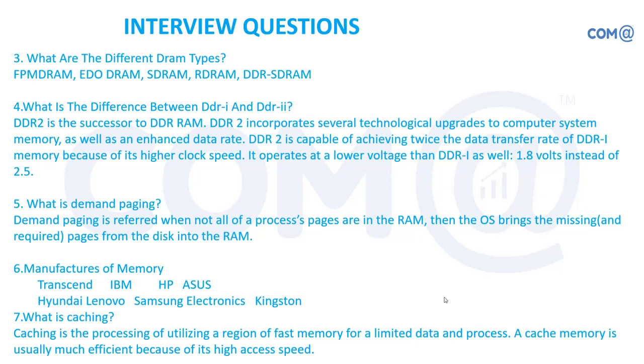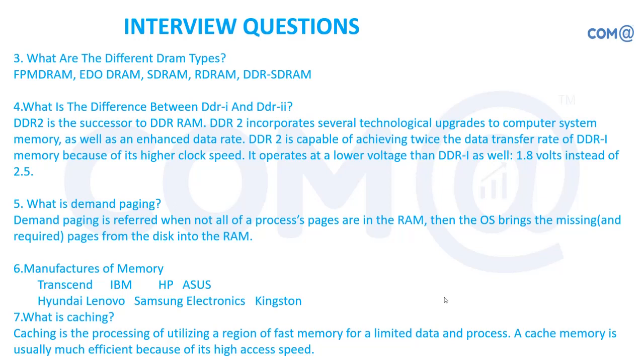Difference between DDR1 and DDR2. We have shown the voltage utilization is getting lower as we increase the DDR number. DDR itself is double data rate, whereas DDR2 is double the speed of DDR1, and the voltage consumption is less than the previous one. What is demand paging?